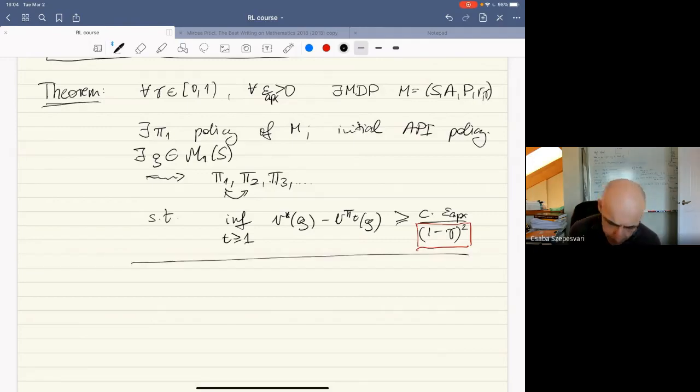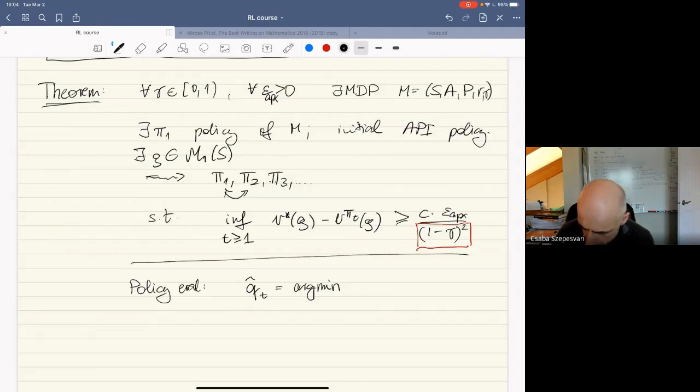In policy evaluation, we are fitting the policy: the action value map in step t is going to be minimizing, with some weighting, a weighted 2-norm squared.